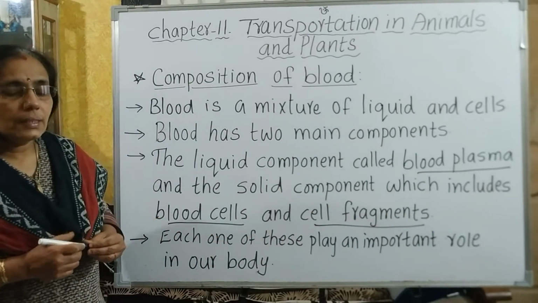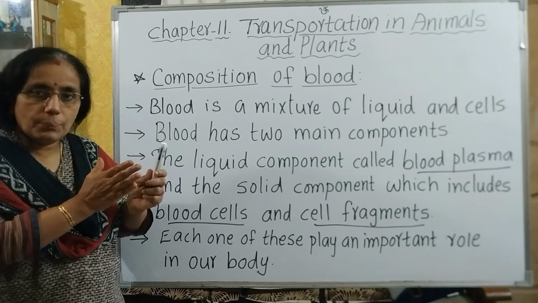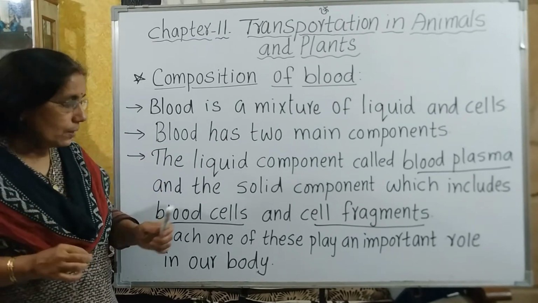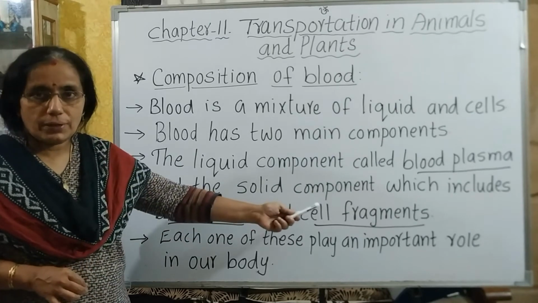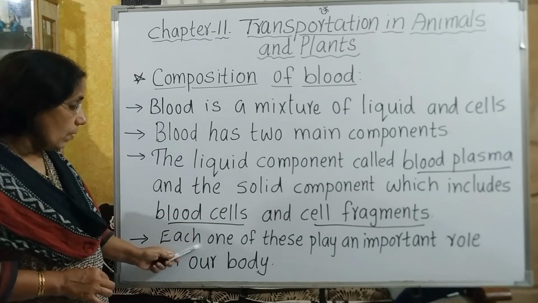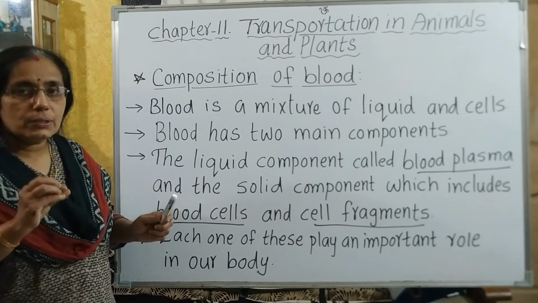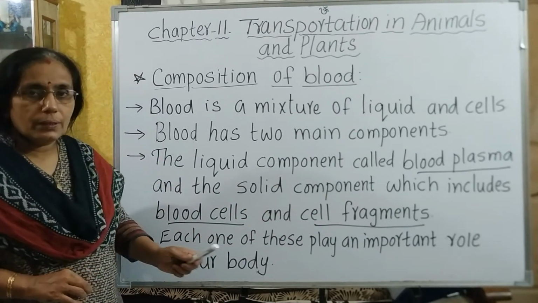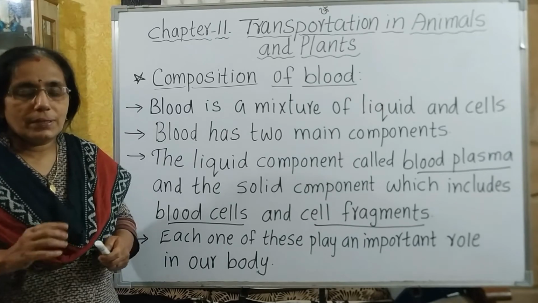So, we can see that the blood contains one liquid part, and in that there are suspended solid particles called blood cells and cell fragments. See, all these components of the blood play an important role in our body. So, let us study one by one.